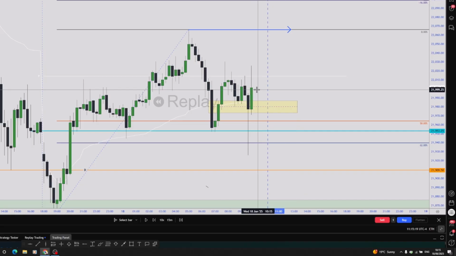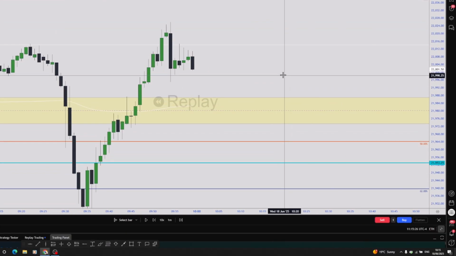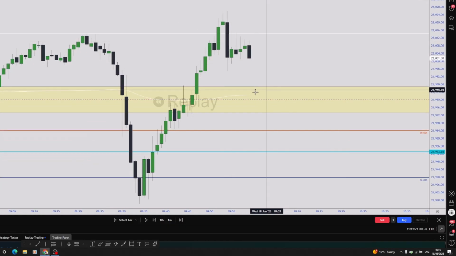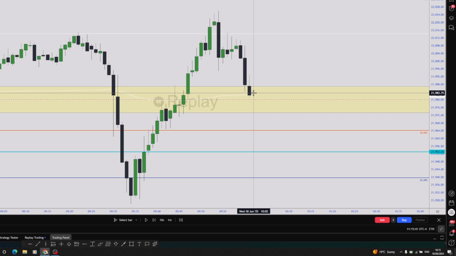Now, on the open of the next candle after 10 a.m., I zoom down to the 1-minute chart. And here's a 1-minute chart, okay? So what I'm doing here is I'm waiting for price to come back down and potentially tap into this 15-minute inversion fair value gap, okay? So price will move forward on the 1-minute chart here. We had a nice dip down into that area. Okay, beautiful.